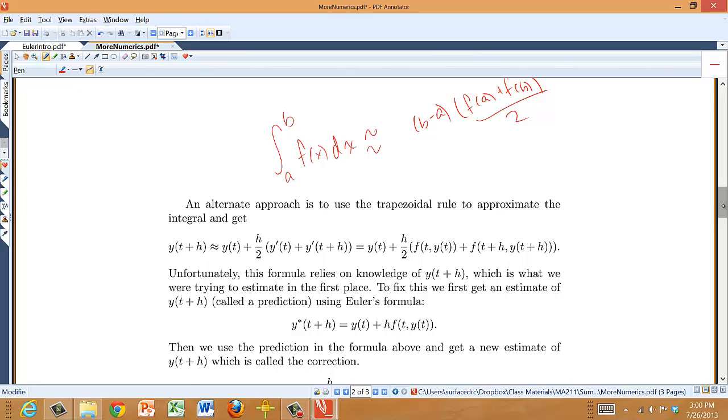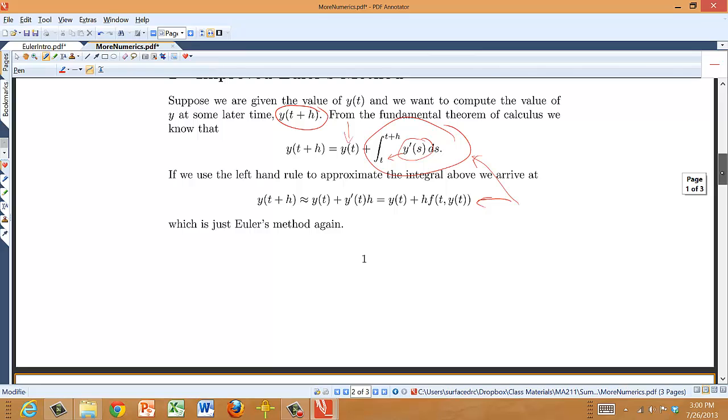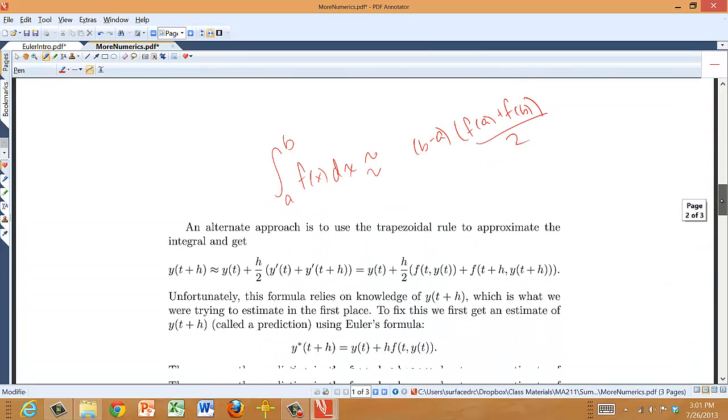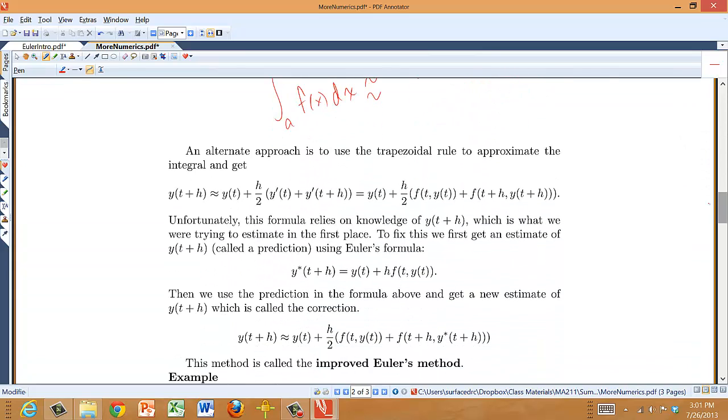So we could go ahead and use that here, right? I could replace this integral with y prime evaluated at t, which I can calculate, and then y prime evaluated at t plus h, which I don't know. Okay, so that's what I've done here.